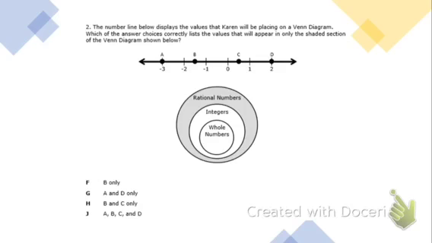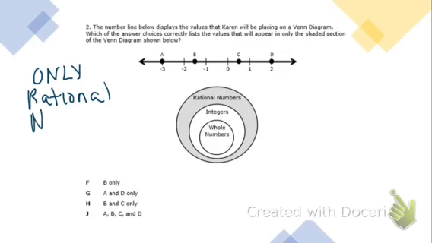So it can only appear, so it can only be a rational number, so keep that in mind. So we're going to write only rational number. That's the specific classification that we're looking for.